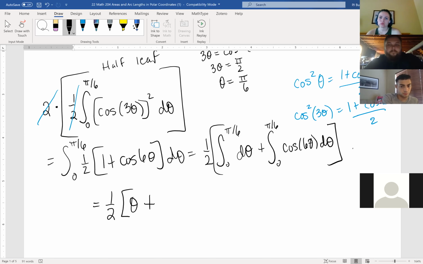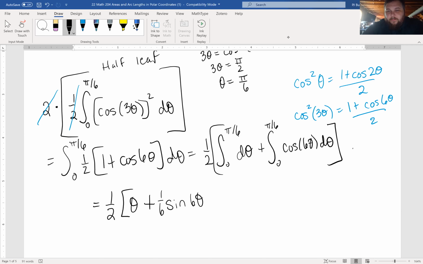It's not just sine 6 theta. You would need to divide by 6. We need to do integration or u substitution there, right? Yes. So if we let u equal 6 theta, we'd need a 6 inside, and we would need a 1/6 outside, which is how we get 1/6 sine 6 theta. And all of this from 0 to pi over 6.